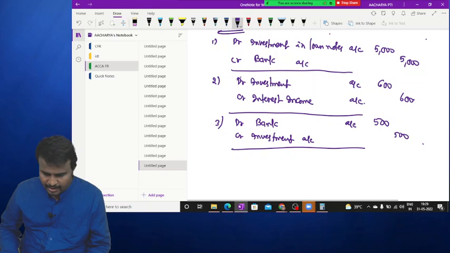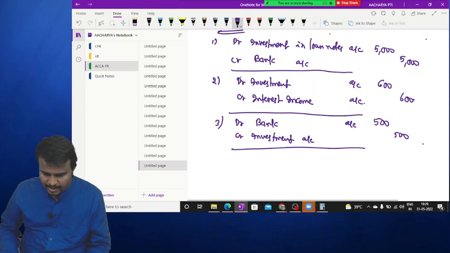And in case of equity investment, which approach do we follow here? Fair value through P&L or fair value through OCI?